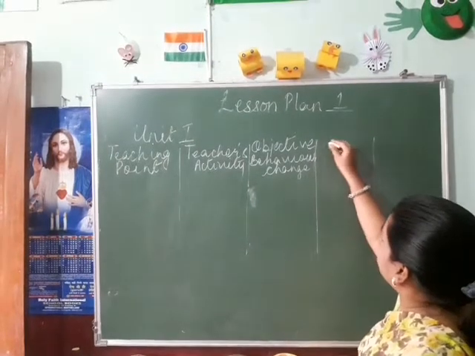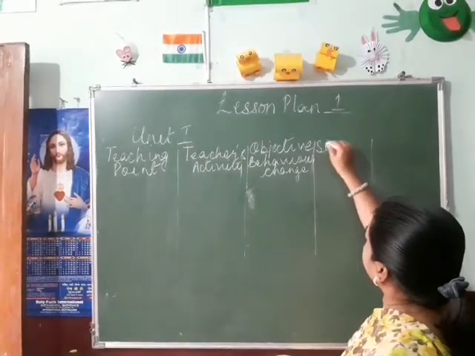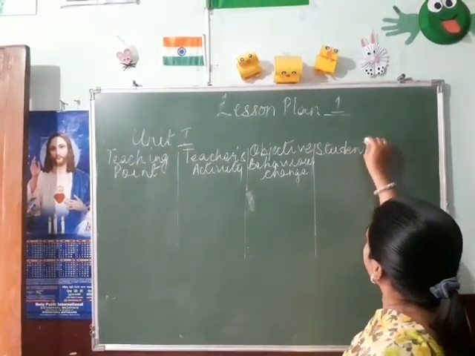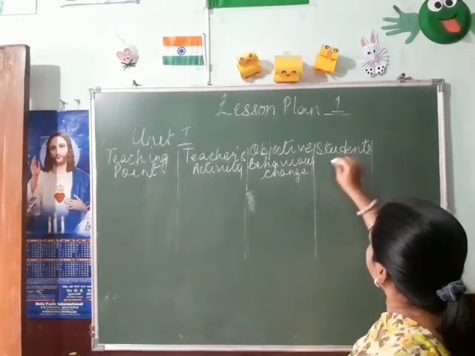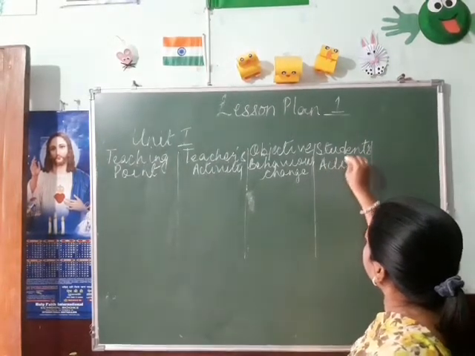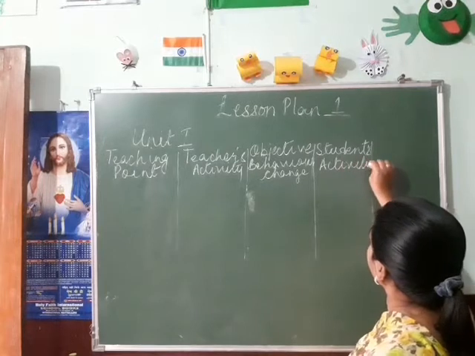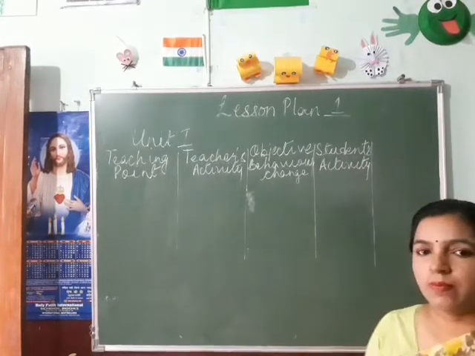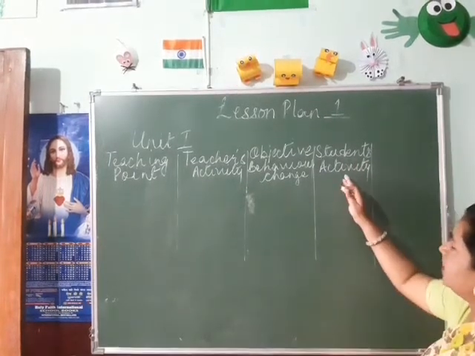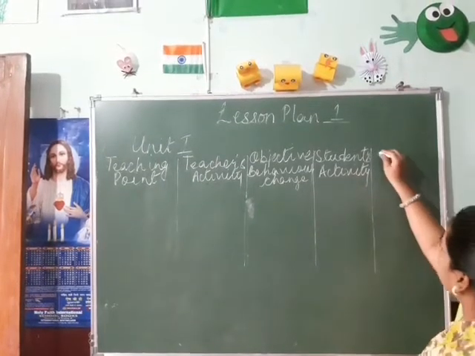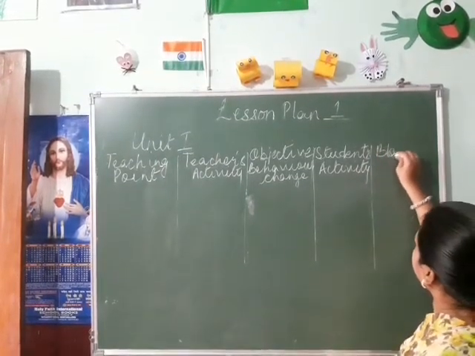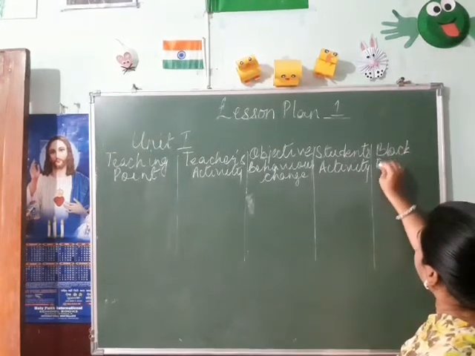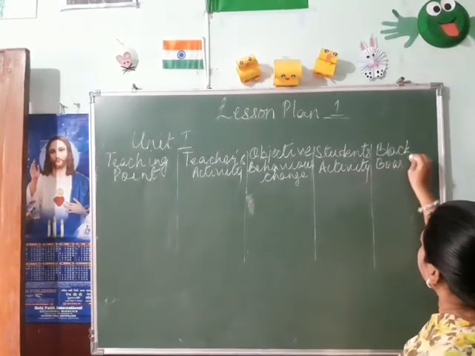Fourth column is the student's activity. And then fifth column is the blackboard work.